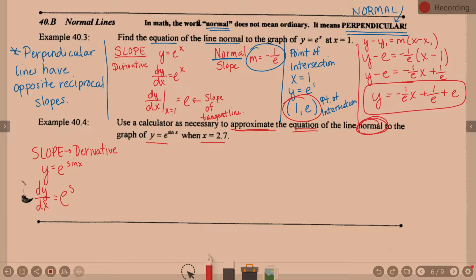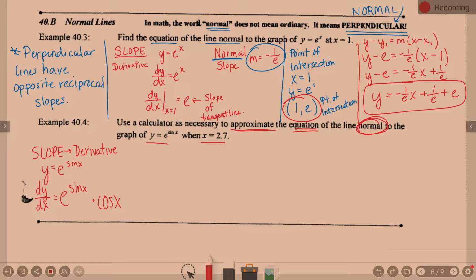So e to the sine x times the derivative of that power, right? And the derivative of sine x is cosine x. So you can leave it, e to the sine x times cosine x. We're not really giving our derivative as an answer here.